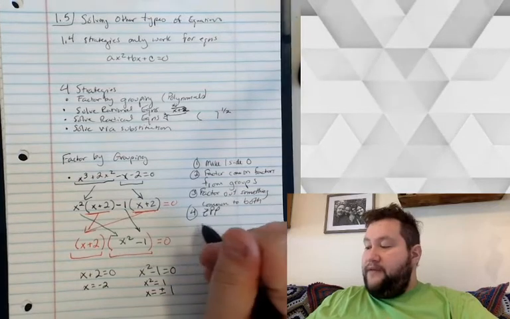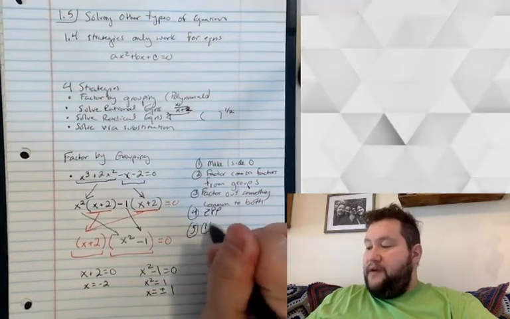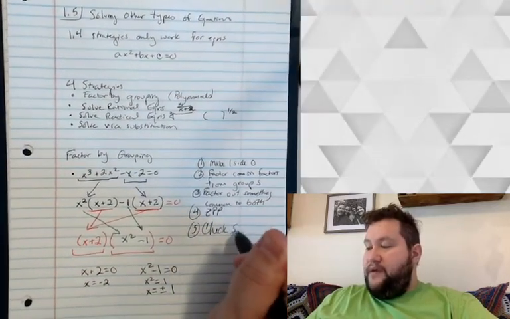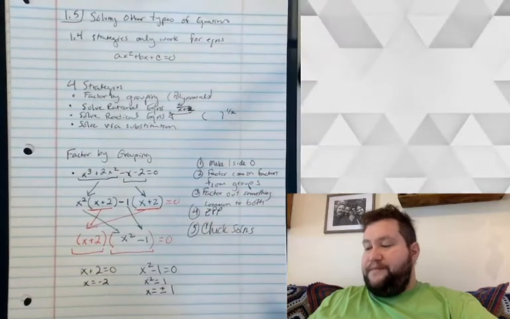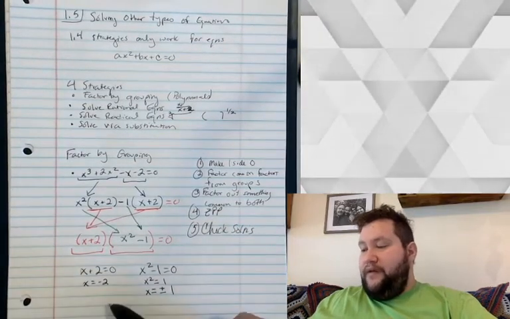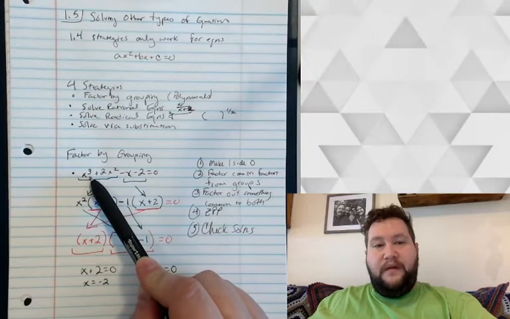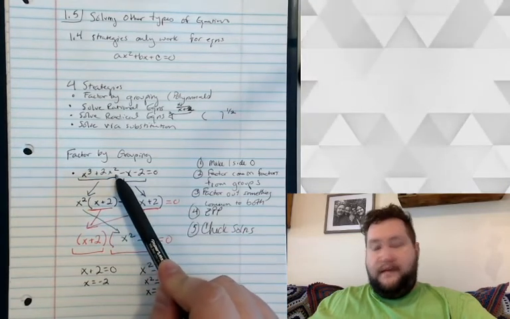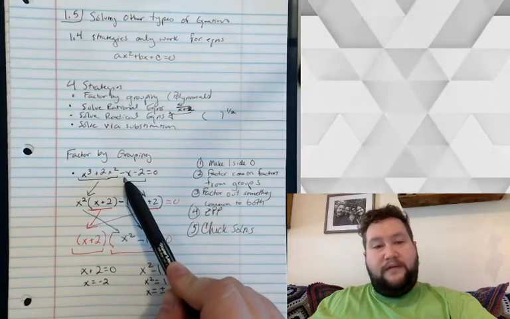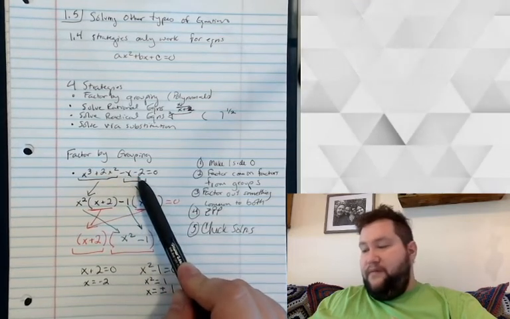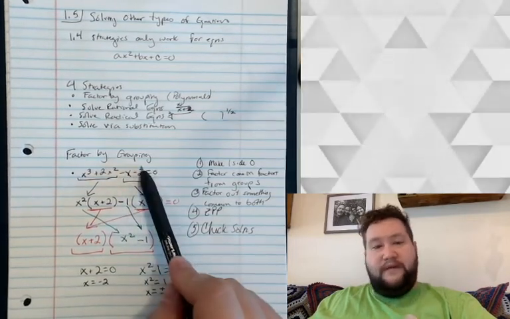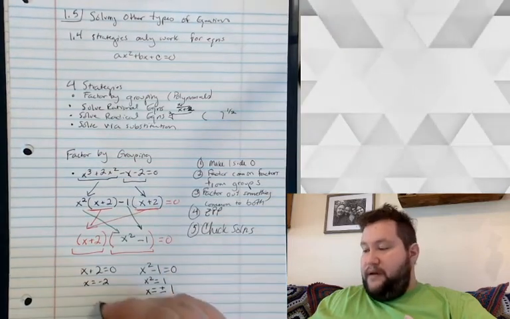And then, after we do that, we check our solutions. So if I put a negative 2 in up here, I get negative 8 plus 8 is 0. Negative 2 is positive 2, minus 2 is 0. That whole term is 0, so that one is good.